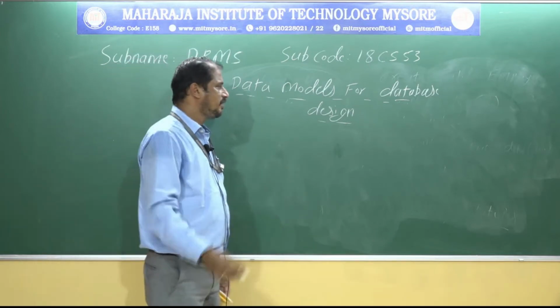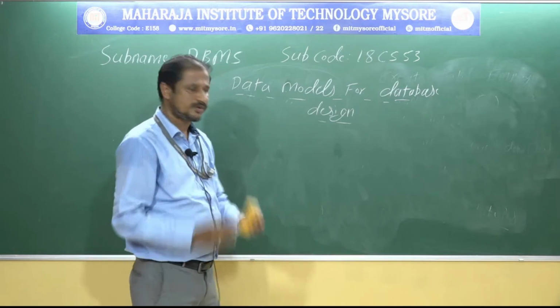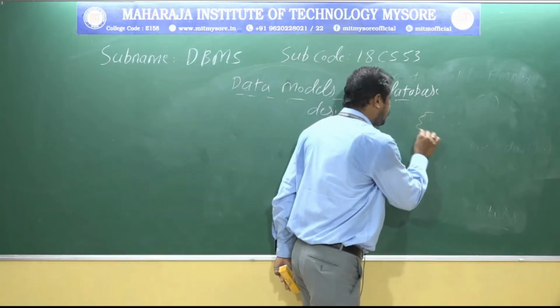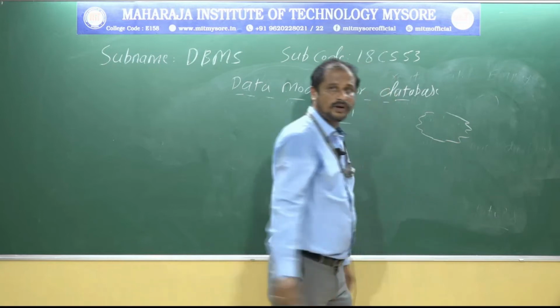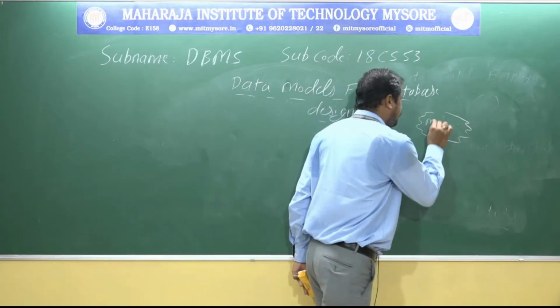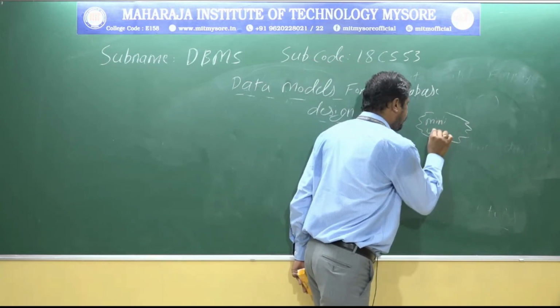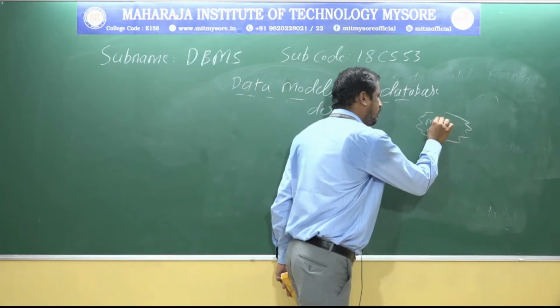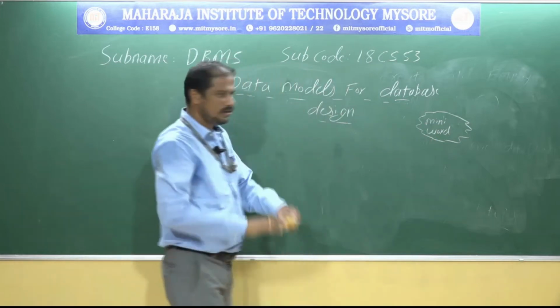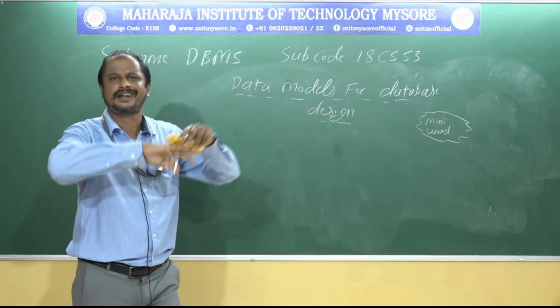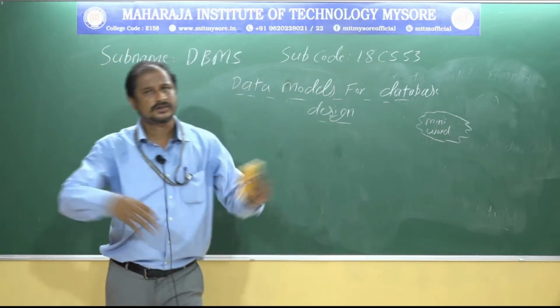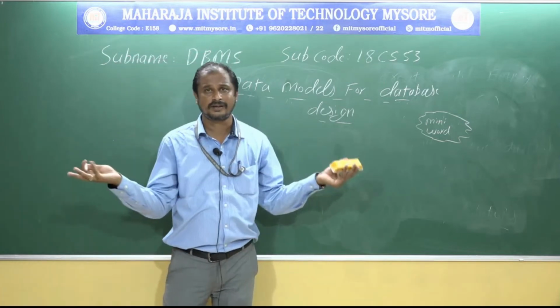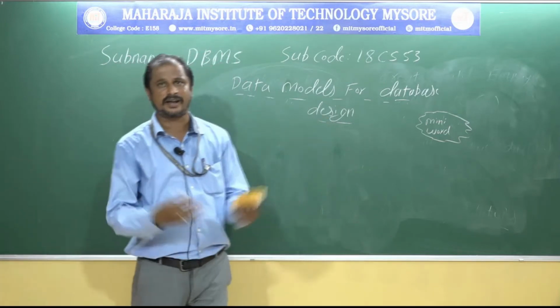So data models for database design, that includes, the first thing is you want to go with the mini world. Okay, so I'm going to the mini world, meaning it is considered the entire world, because the software has no criteria, so it covers entire things, the entire world.